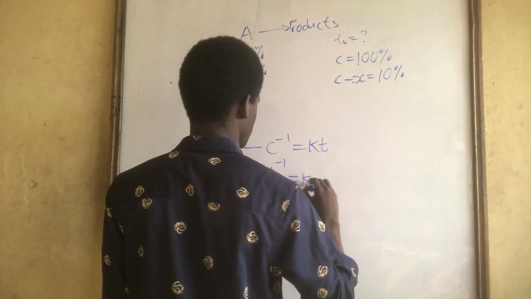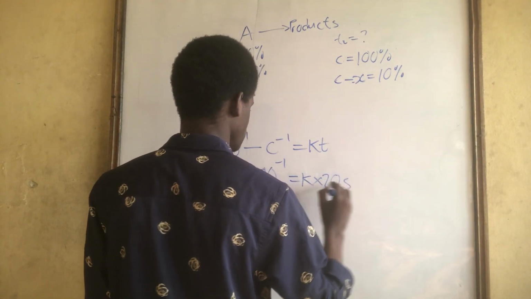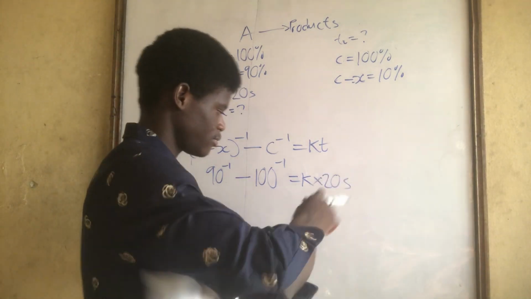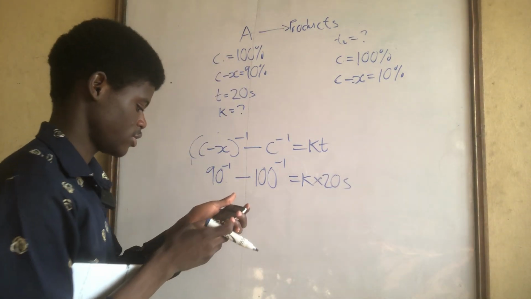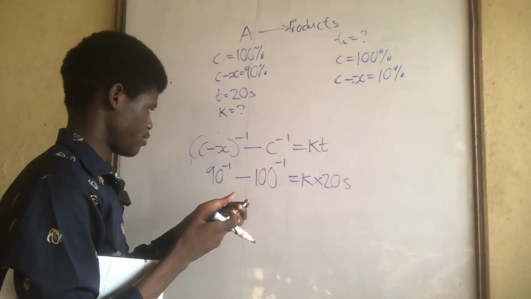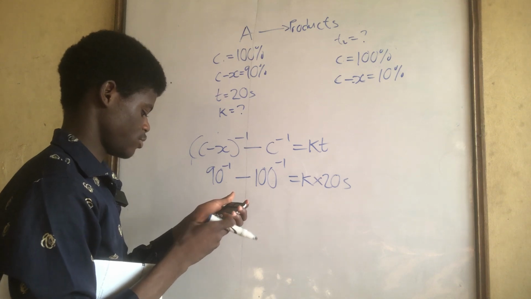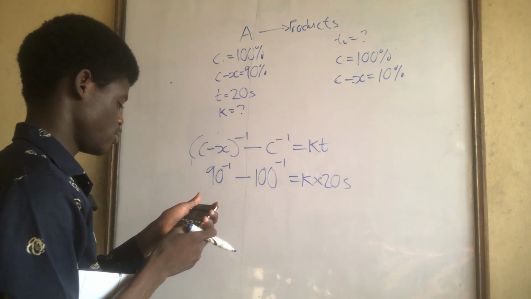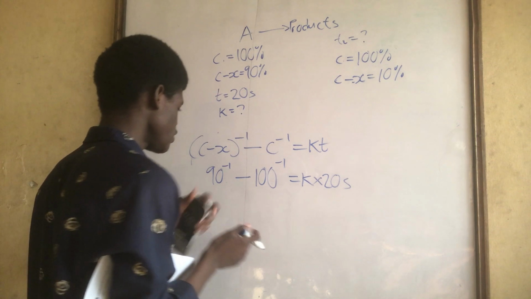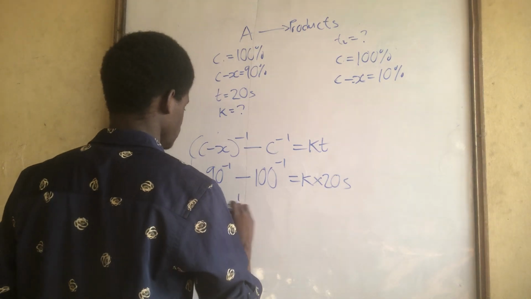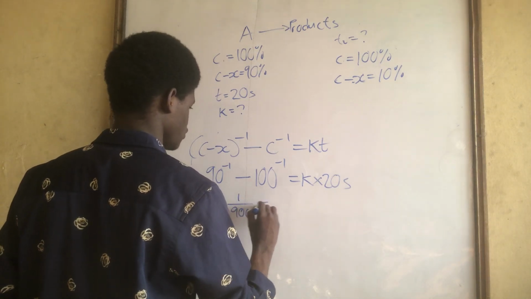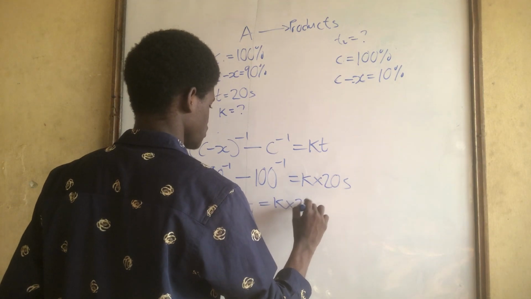We're looking for K and our time is 20 seconds. So let's do this with our calculator. 90 to the power minus 1 minus 100 to the power minus 1 will give 1 over 900, equal to K times 20.